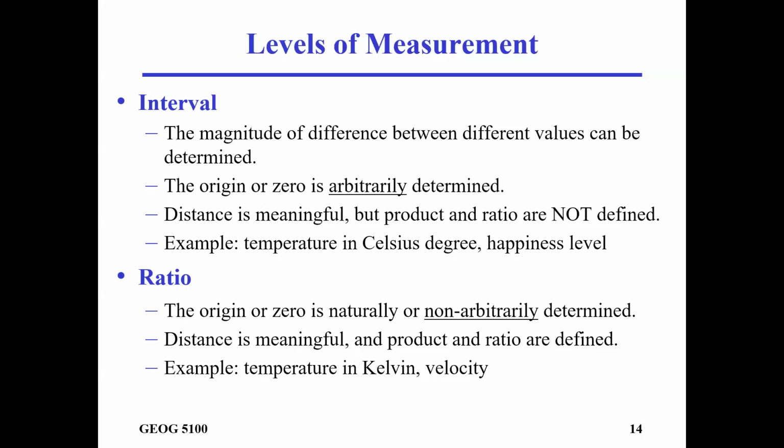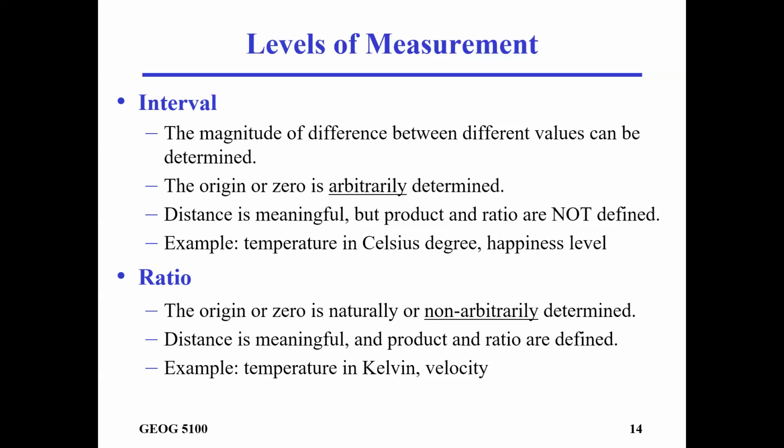But Kelvin is different. Kelvin temperature has another name, kinetic thermal temperature. Kelvin temperature is an absolute temperature. Compared to Celsius degree or Fahrenheit degree, 0 is meaningful for Kelvin degree.